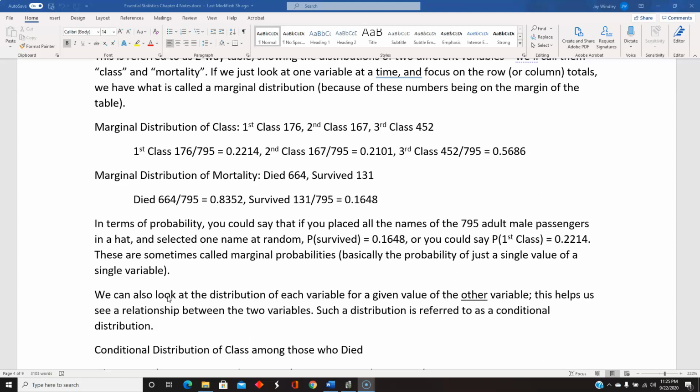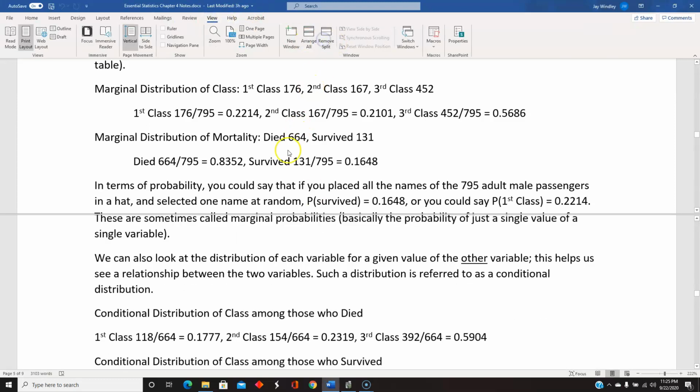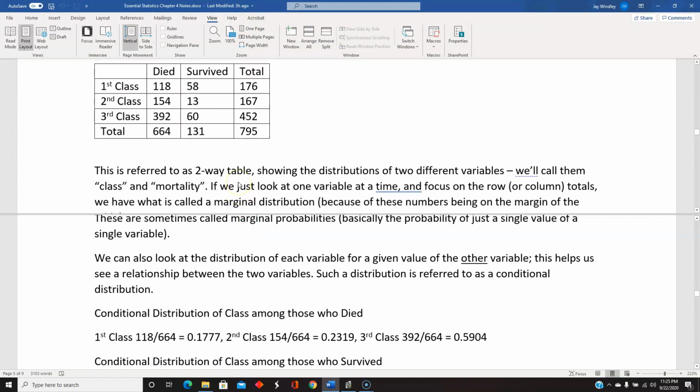The mortality has two values, died and survived, and the passenger's class has three possible values, first class, second class, and third class. So you could look at the distribution of class just among those who died. And let me split screen real quick so we can see the table at the same time that we're seeing these numbers. So the conditional distribution of class among those who died.